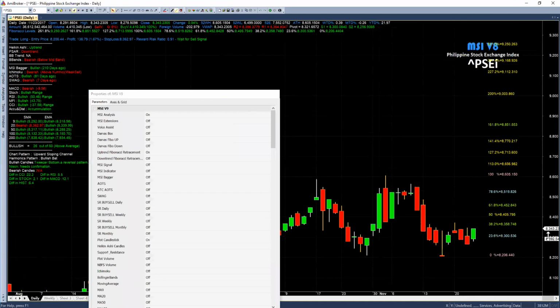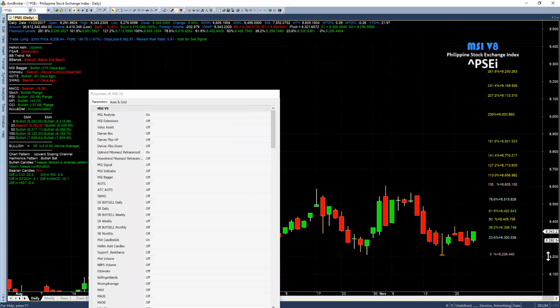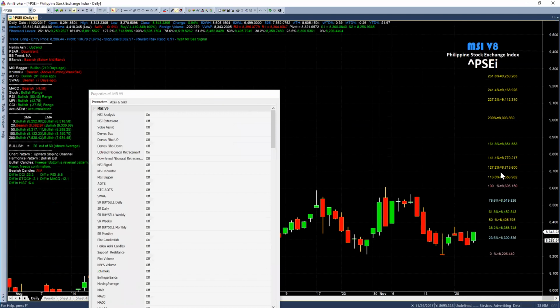Okay, so how do we trade using the Fibonacci levels? Any Fibonacci levels below the price action will be your support, and above the price action naman will be your resistance.